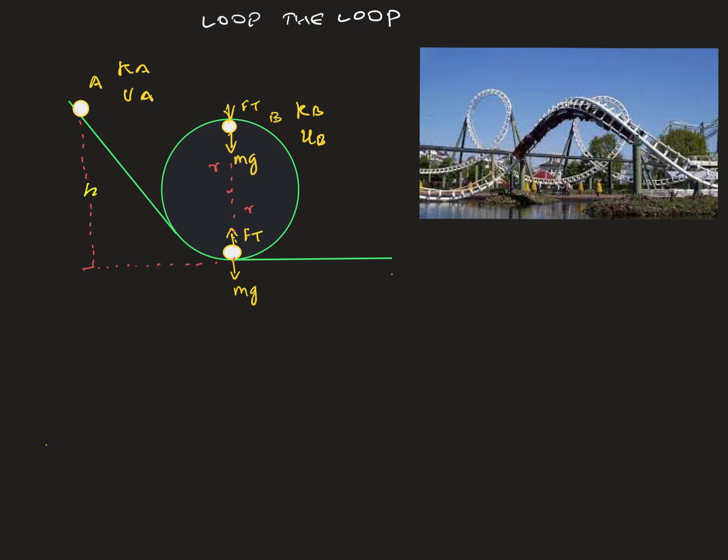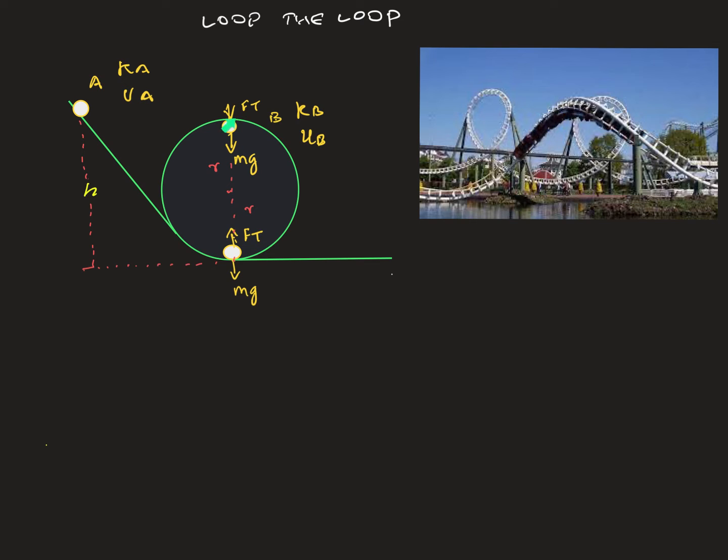Because if we drop the object from less than h, it may not reach here, or it may just go there and fall off. So what we are going to do is look at the forces acting at different positions. Here we have the weight acting this way and the reaction or the normal force acting this way, and here we have the weight acting this way and the normal force acting in the same direction.